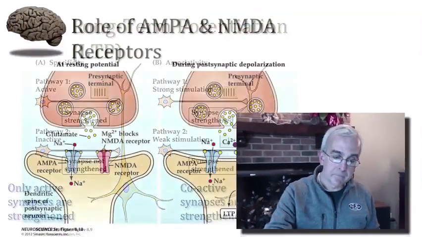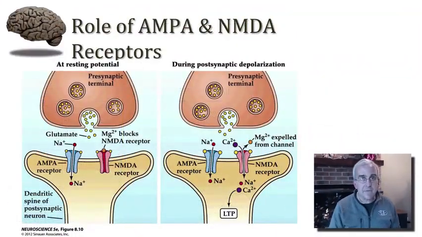Now, many of these mechanisms of long-term potentiation are dependent upon two important different types of glutamate receptors. And so now let's turn our attention to the mechanisms that support this long-term potentiation. To do so, let's focus on these two particular glutamate receptors, one called the AMPA receptor, and the other the NMDA receptor.